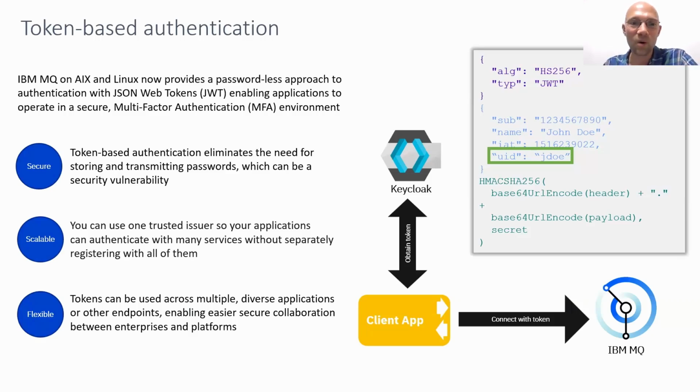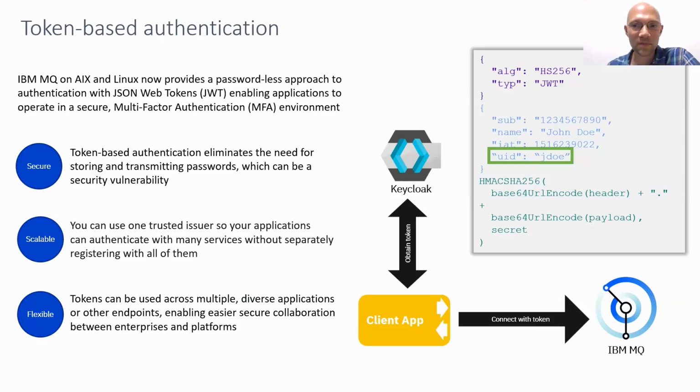Customers definitely want to be moving to stronger authentication mechanisms than that, such as multi-factor authentication. And one way that you can do that with MQ is to use the fairly new feature of token-based authentication. Now, this is only available on distributed platforms at the moment, so not z/OS.